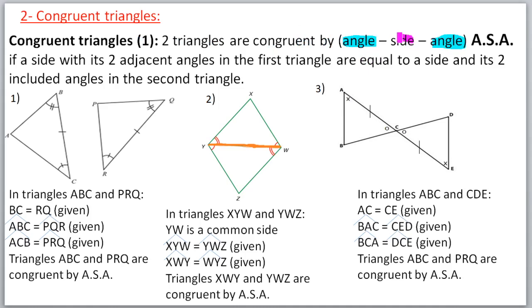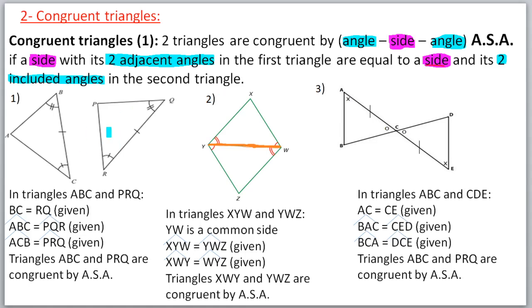Type 1: if a side with two adjacent angles in the first triangle are equal to a side and two adjacent angles in the second triangle. So if a side in the first triangle and a side of the second triangle are equal, and two adjacent angles in the first triangle and two adjacent angles of the second triangle are equal.